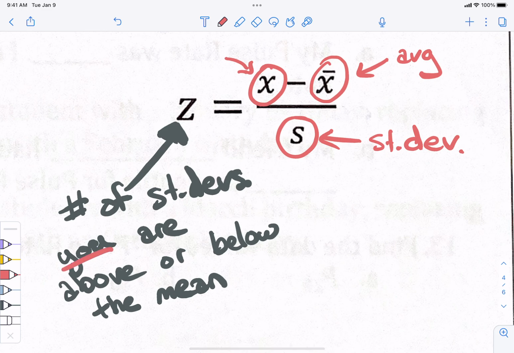So X is your number, like your height or your wingspan or your pulse rate or whatever it is we're talking about. That's your number that we're trying to find the z-score for. Okay? Good? Are you ready for me to move on?